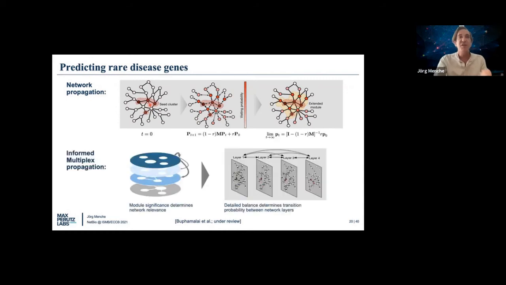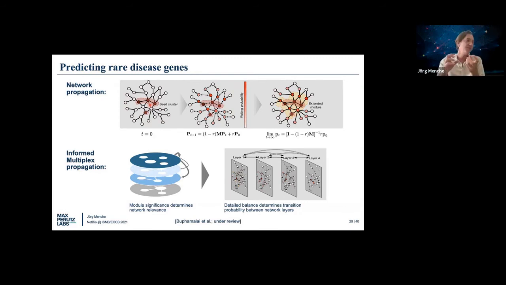And we can modify these algorithms in a fairly straightforward manner to incorporate the relevance of a particular network layer, so that the random walker would spend more time in a particular layer that is known to be more relevant to a particular phenotype.